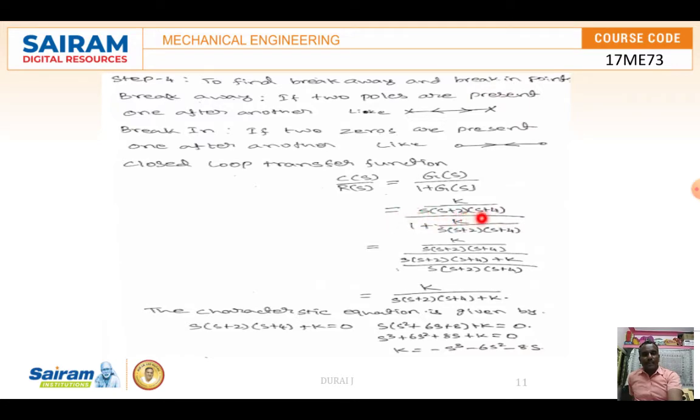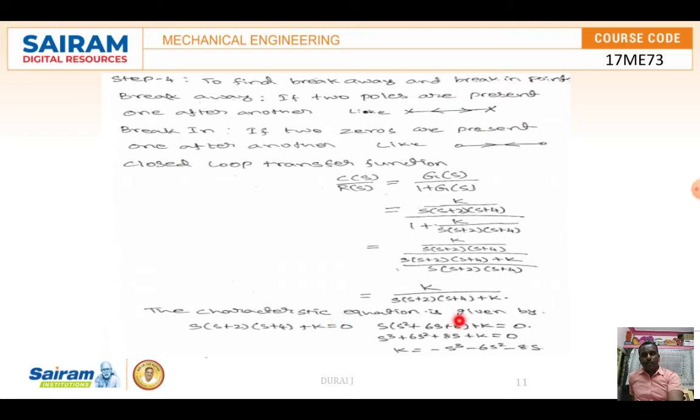Simplifying, taking the denominator LCM, we get K by s into s plus 2 into s plus 4, plus K.